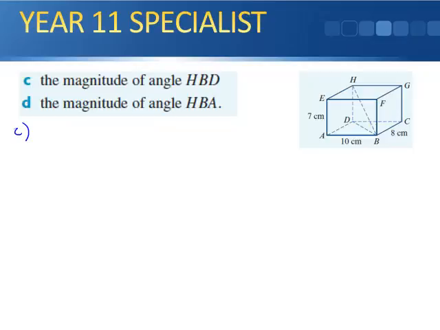Part C says the magnitude of the angle HB. So H to B, that's where it meets. So that angle there, remember D to B is on the floor, so I've still got a right angle triangle. So I'll just again draw it up. There's my right angle triangle, that's my H there, that's my D there, that's my B here. I want to work out that angle between the H and the B, so I've got my tan there. HD I know is 7.